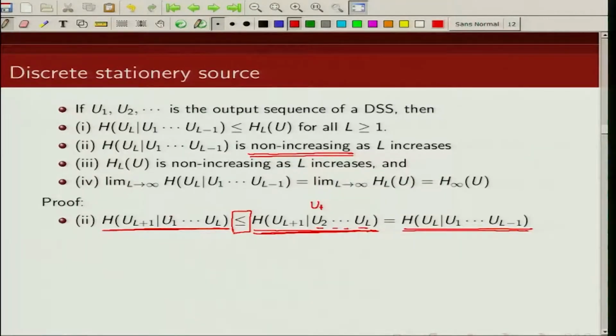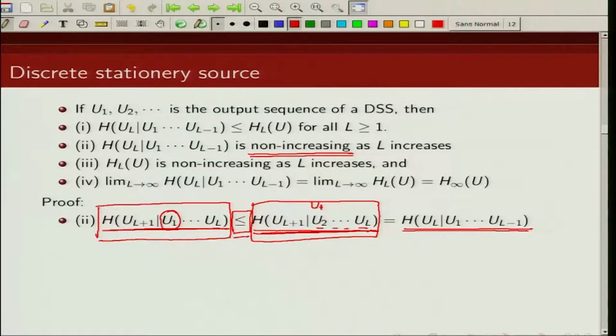So this is conditioned on an additional letter, which is U_1. So this entropy cannot be more than the entropy of this. And that's why we wrote that the uncertainty in U_{L+1} given U_1, U_2, U_3, ..., U_L is less than or equal to the uncertainty in U_{L+1} given U_2, U_3, ..., U_L.